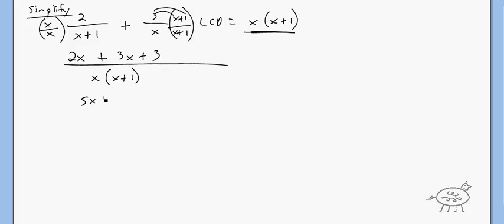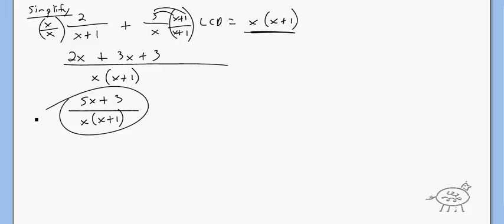So 5x plus 3 over x times x plus 1. The sixth step is to factor if possible, which I can't. And then the last step is to cancel, which if I can't factor, if I have no multiplication, I can't cancel. So this is my final answer. Okay? So that's the first problem.